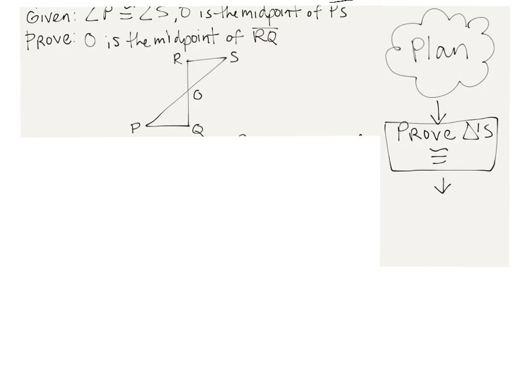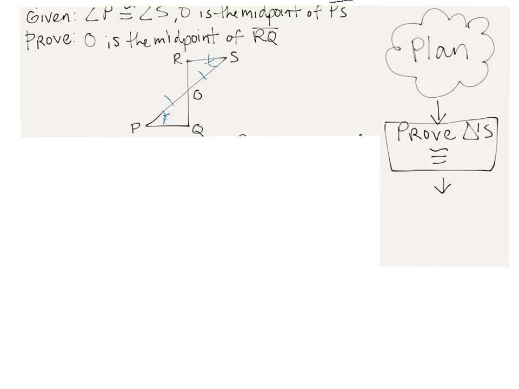Now let's come up with a plan here. On my diagram, it says that angle P is congruent to angle S. So let's label that. It also says that O is the midpoint of PS. Well, that would mean that PO is congruent to SO, right? Well, that's not enough to prove those two triangles are congruent. I'm looking at these two little triangles.